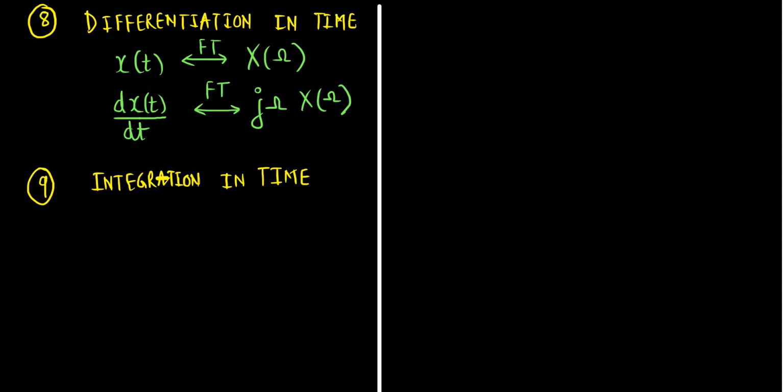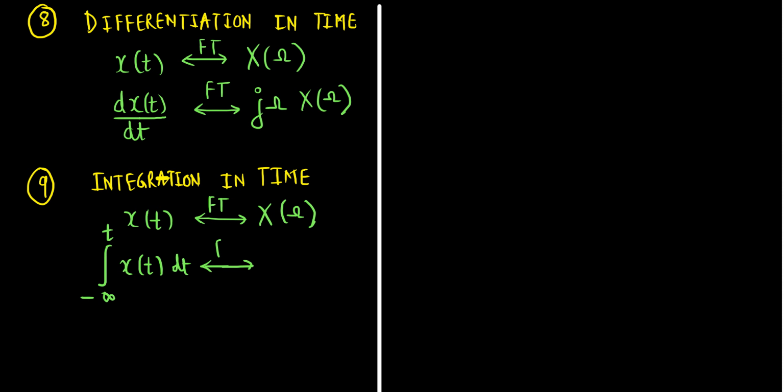This property says that if I have a signal x of t whose Fourier transform is given by X of omega, then the Fourier transform of the integration from minus infinity to t of x of tau d tau is going to be 1 upon j omega times X of omega, plus, this is important, plus pi times X of 0 times delta of omega, where this delta of omega is the delta function or the unit impulse function in the frequency domain.